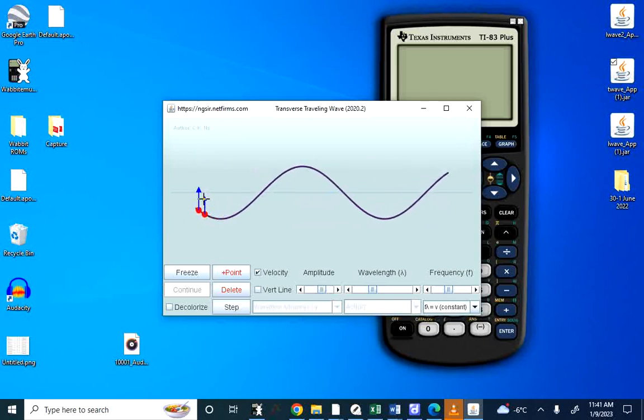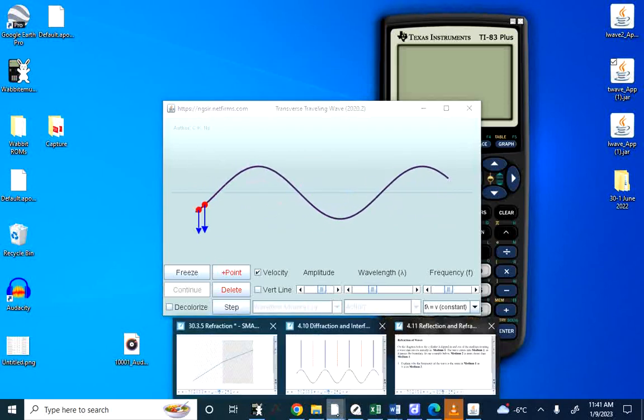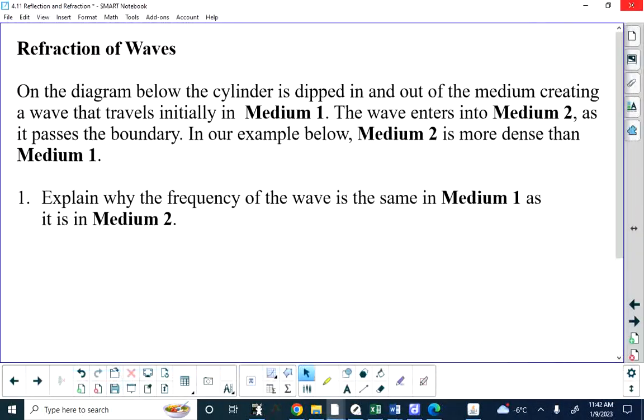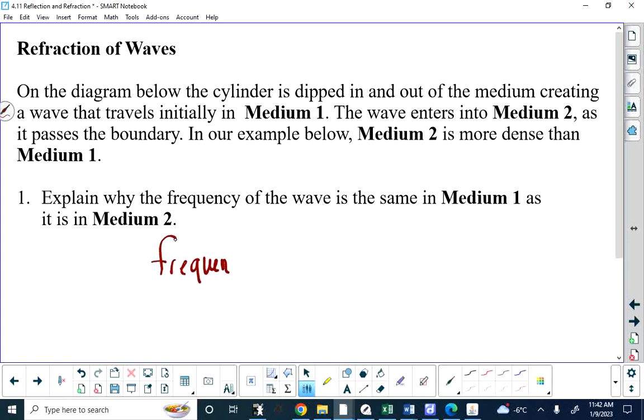And that means that they're connected to John, this big football player, and he's going to move back and forth 5 times per second. And I'm going to summarize the answer to this question by saying something that we often say when we talk about refraction. Frequency is determined by the source.